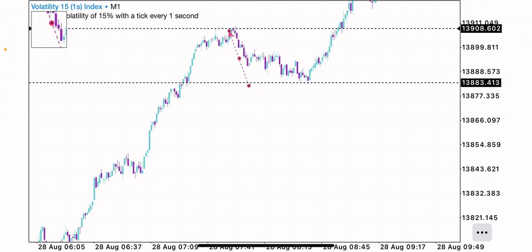So the moment price got into here, this was the other block, and I saw a rejection from here, and then a break of this tiny structure right here. I took my entry, and price went all the way here.